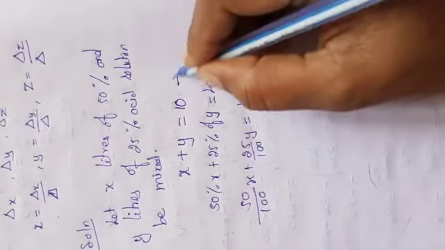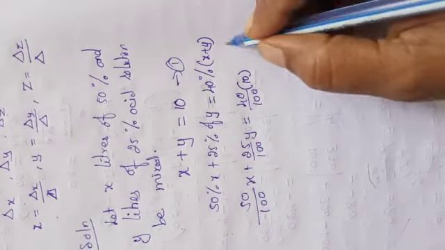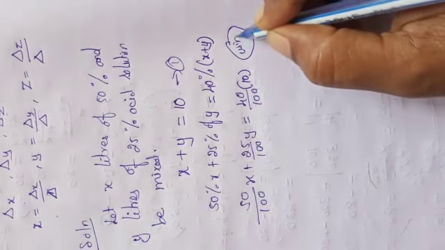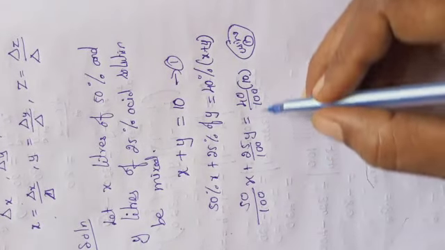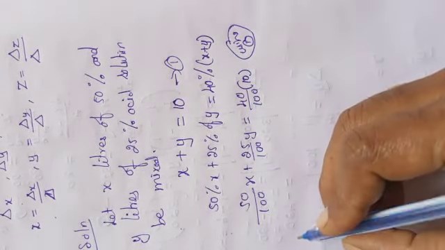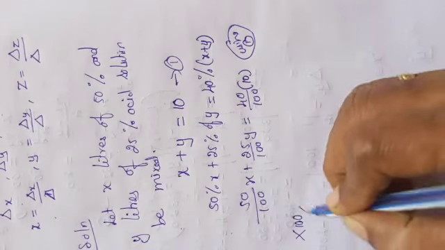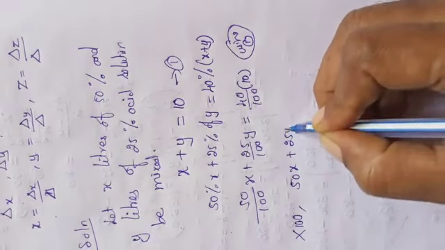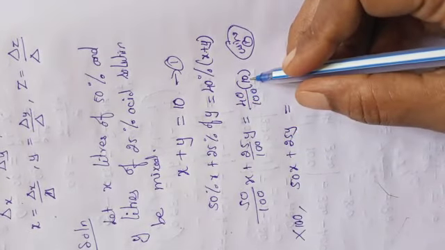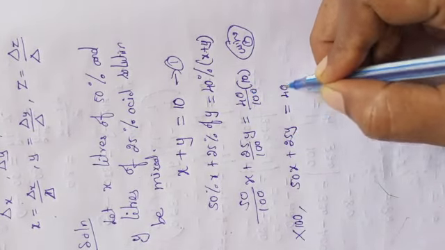We can call this equation number 1. Now, shall we multiply by 100? Everywhere the denominator is 100. So when we multiply by 100, we get 50x plus 25y equal to 40 into 10, that is 400.